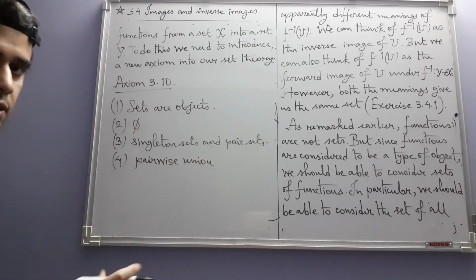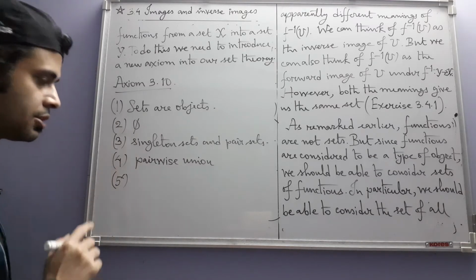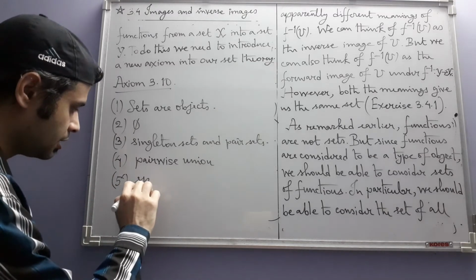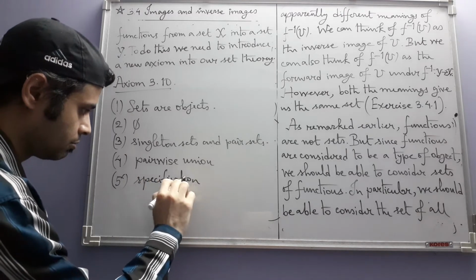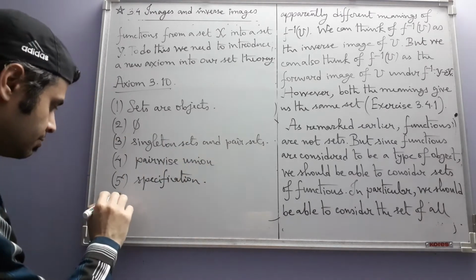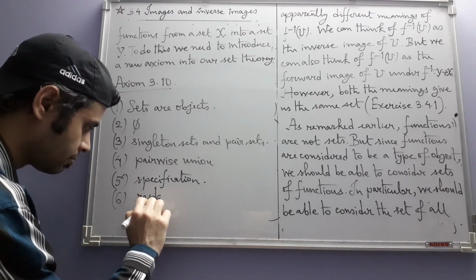If we have two sets, then their union is a set. The fifth axiom is the axiom of specification, which we discussed today.